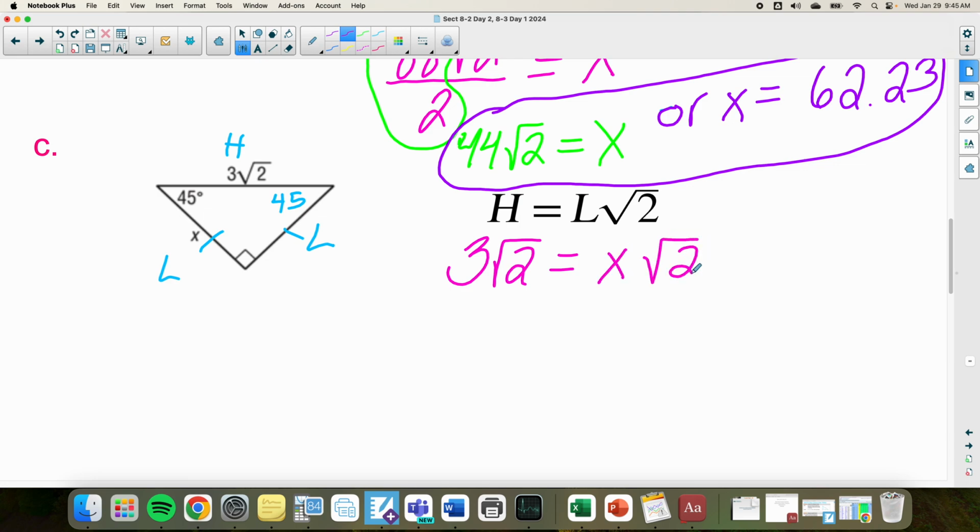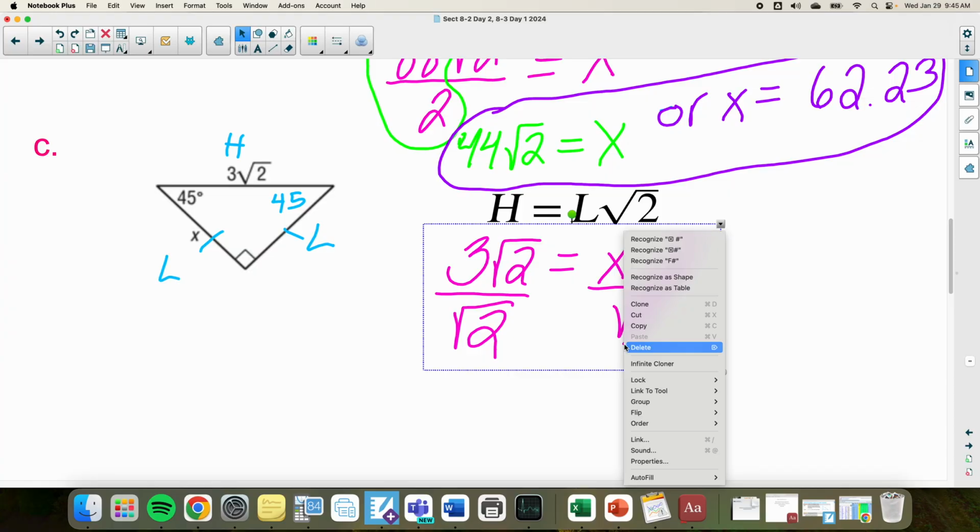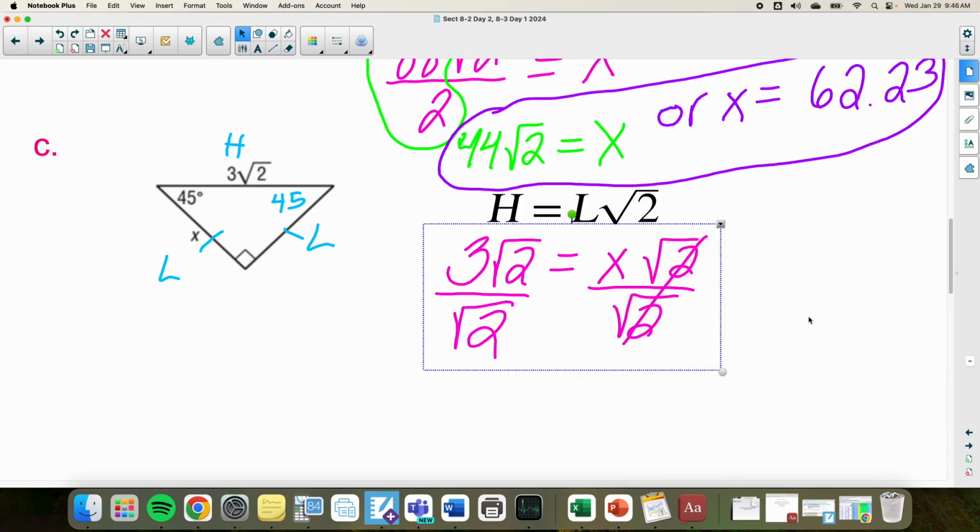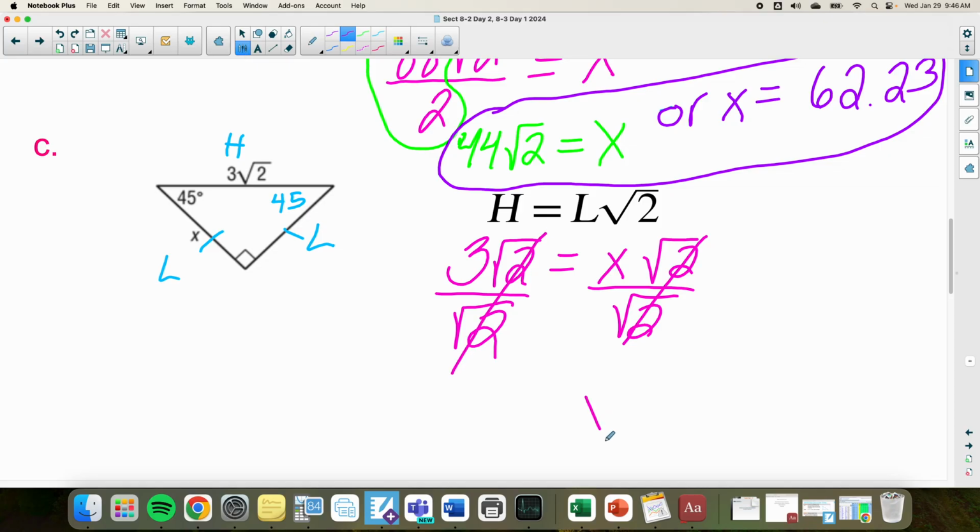Now I'm solving for X. Do you guys get that I would divide by the square root of 2? So these are gone, okay? And then on the other side, would these be gone too? Yeah. So X would be 3. Okay.